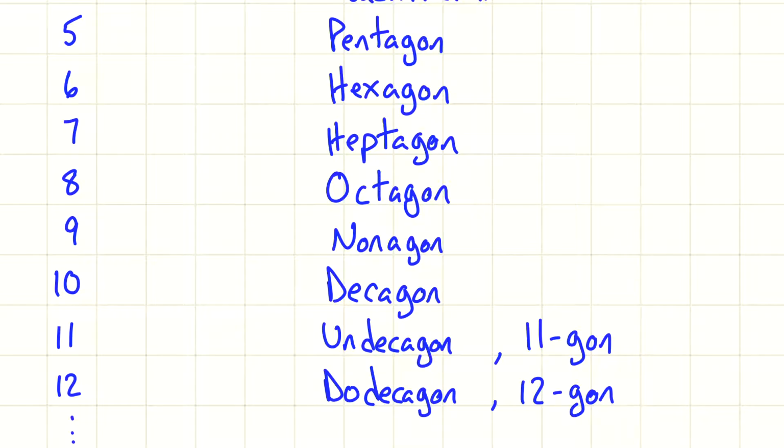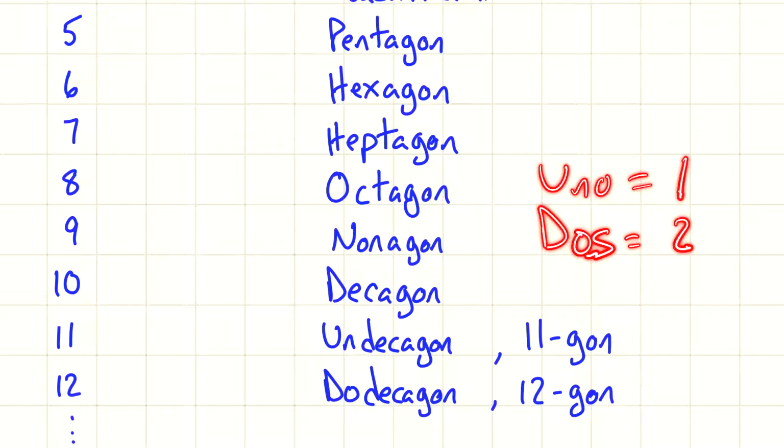And so the same with dodecagon. This do, if you look at the Spanish or Latin word, dos means 2. So this is the same as 2. Uno is equal to 1. So 1 plus 10 is 11, or 2 plus 10 is 12. So those are common names.